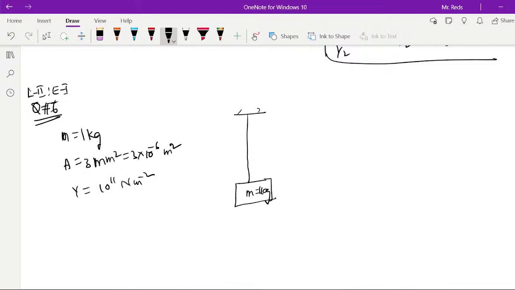The other end is suspended vertically from the hook on a wall. So let us say this is a wall, and there is a hook attached like this. You can also understand it this way: this is a wall or floor, and there is a hook which is attached like this.